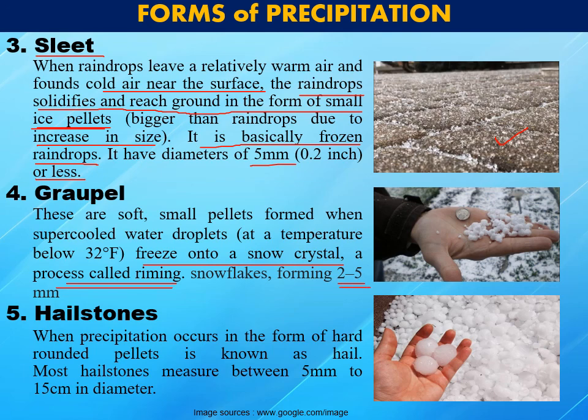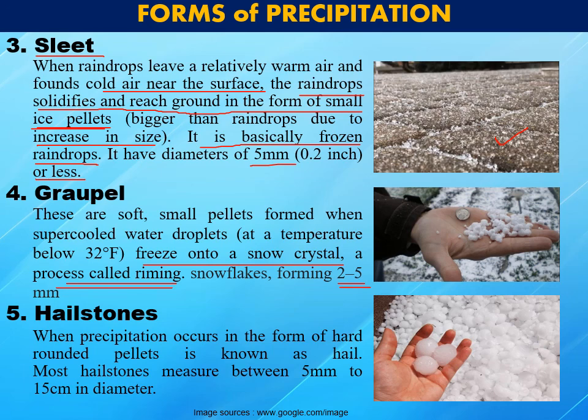Now, from sleet to graupel to hailstone, you can see that there is an increase in size, from 5 millimeter in sleet to 2 to 5 millimeter in graupel, and hailstones are above 5 millimeter. Sleet basically happens close to the earth's surface. In contrast, graupel is almost similar in size to sleet, but these are fluffy, so they form higher in the atmosphere.